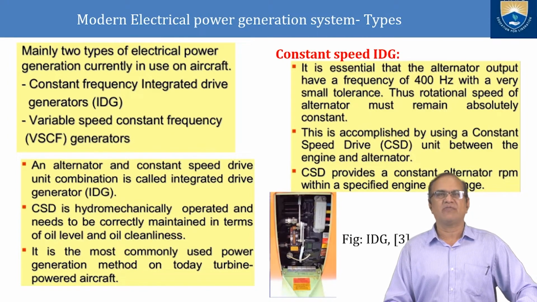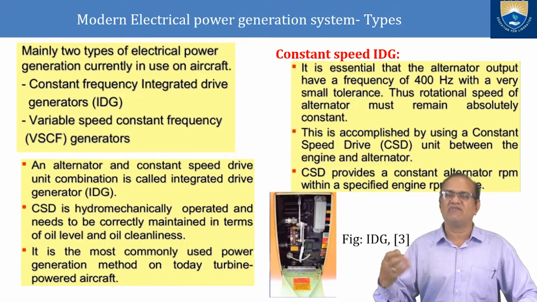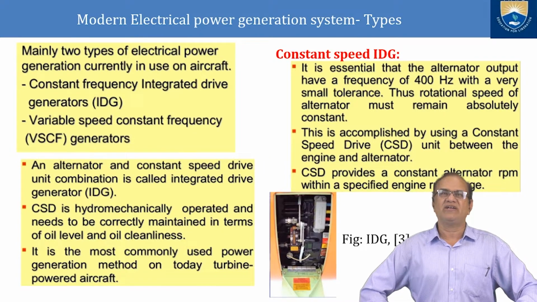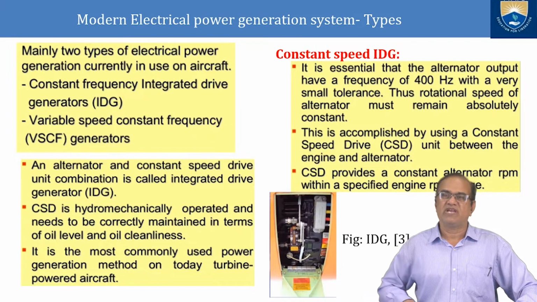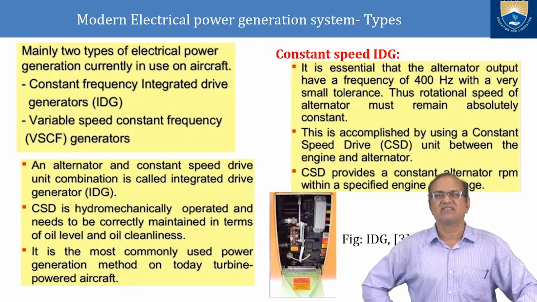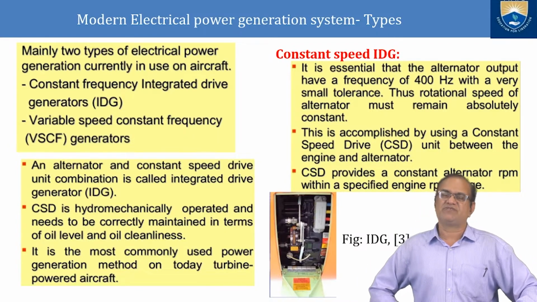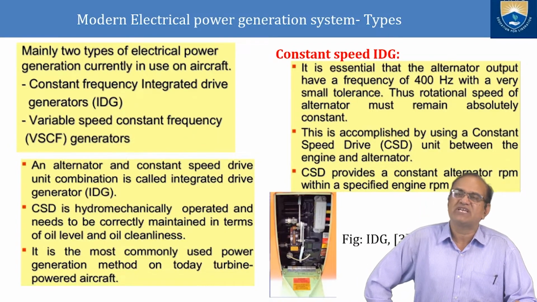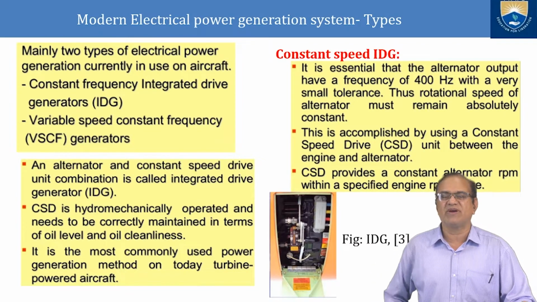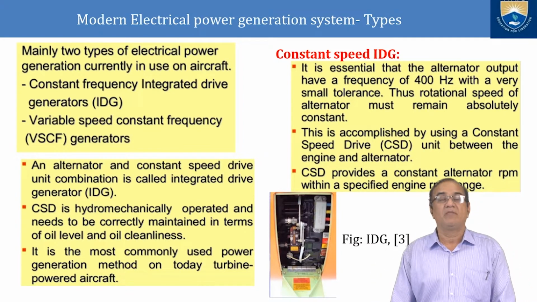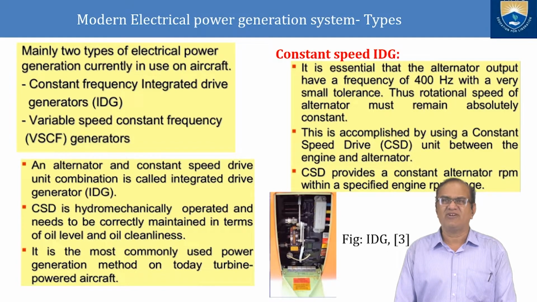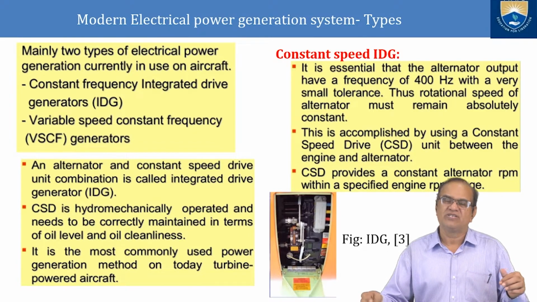Most of the electrical and avionics equipment in aircraft are operated by the AC power supply. So it is essential that this AC has to be converted to DC, because a few equipments of the aircraft are operated by DC also, especially the avionics equipment and the lightings. But for modern power generation, what type of systems are there?